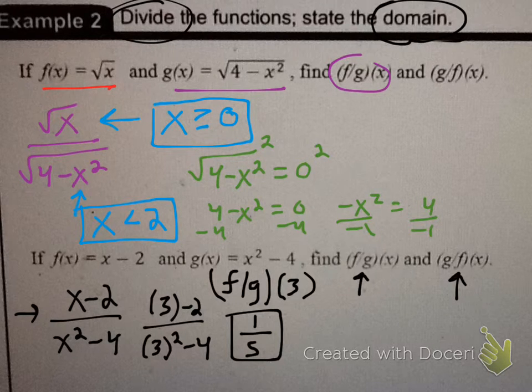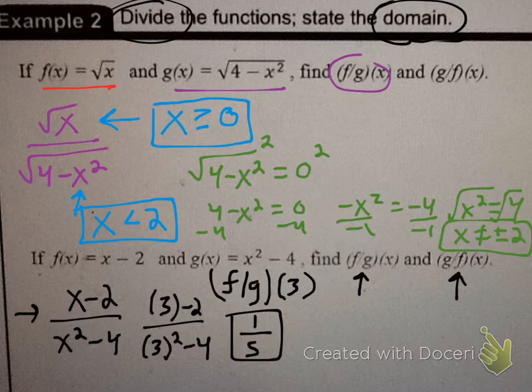X squared equals 4, take the square root, x cannot equal plus or minus 2. Because if x were 2, 2 squared is 4, 4 minus 4 is 0, square root of 0 is 0. That makes it undefined. If x were negative 2, negative 2 squared is 4, 4 minus 4 is 0, square root of 0 is 0.